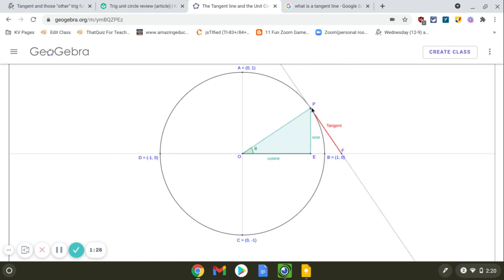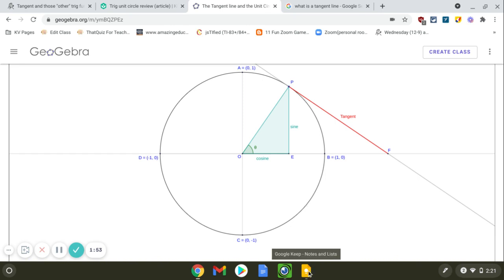But I want to give you a definition for how the tangent line is related to our unit circle. We've already defined x, the x value of a point on the unit circle, as our cosine of that angle, and y as sine. Those are the main ones to remember, but I'll try to give you an idea for why it works.